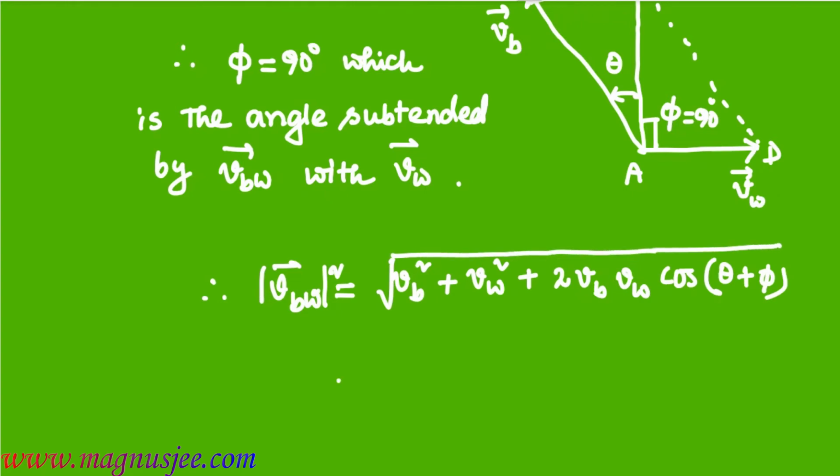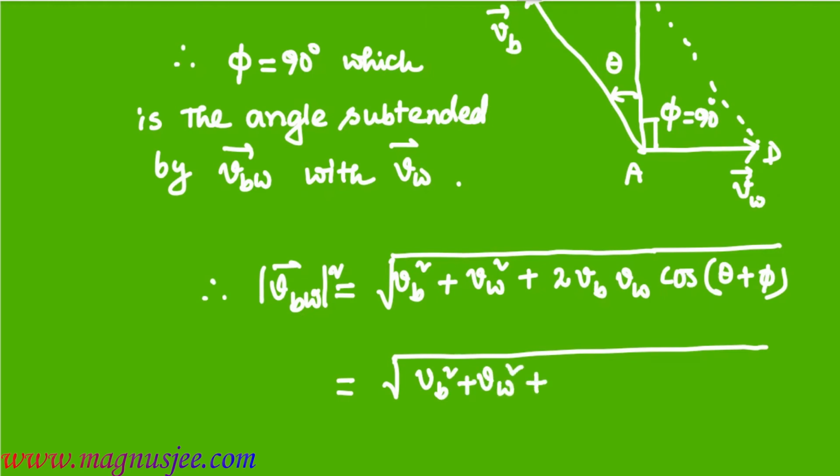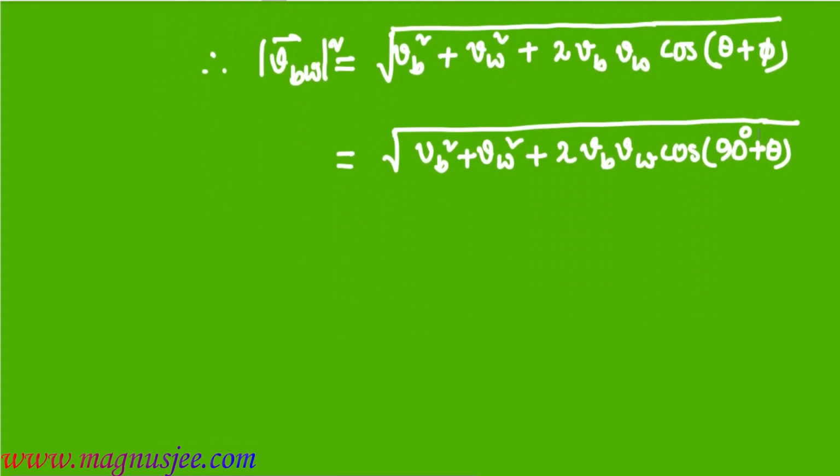That will be under square root: root over VB square plus VW square plus 2 VB VW cos(90 degrees plus theta), where phi equals 90 degrees.